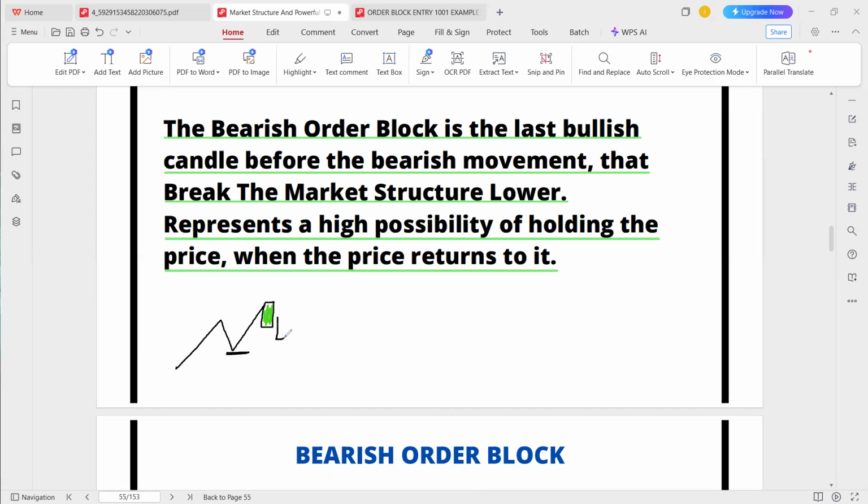If price starts to sell from that high and we break that structure there, that makes this level a valid order block. As soon as the structure is broken, BMS, that's what activates this order block to be valid.